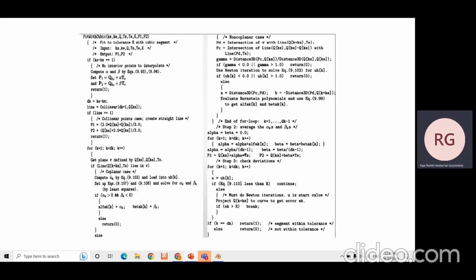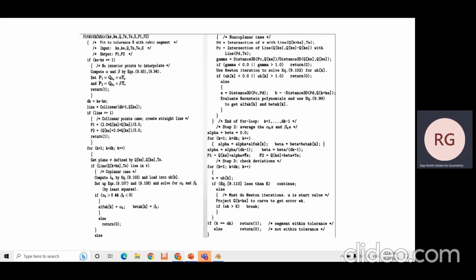After computing the control points for all interior points, the function averages the values of alpha and beta coefficients from the fitted curve to obtain the final control points P1 and P2. After that, it checks if the deviations from the fitted curve are within the given tolerance E, using the previous equations.